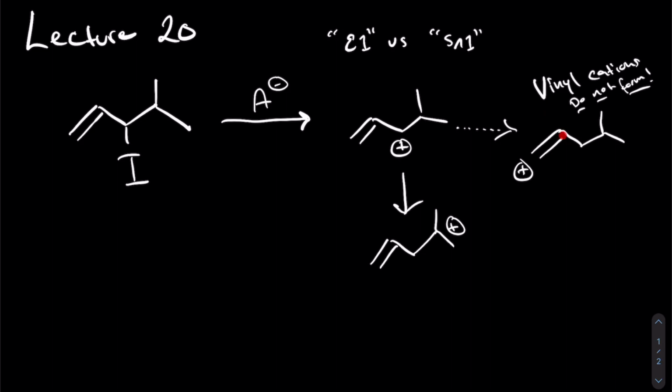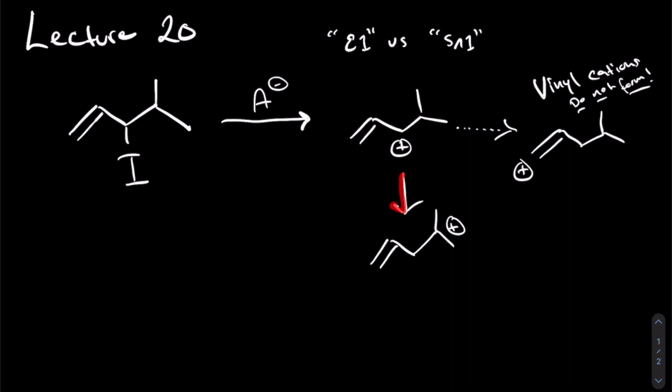So you've got an electron withdrawing carbon next to a positive charge, and they're pretty destabilized. So you don't want to put a positive charge on a double bond. That's not really a pathway open to us, and in the sense of rearrangement, it doesn't make much sense because it doesn't move the carbocation to a more substituted carbon anyway.